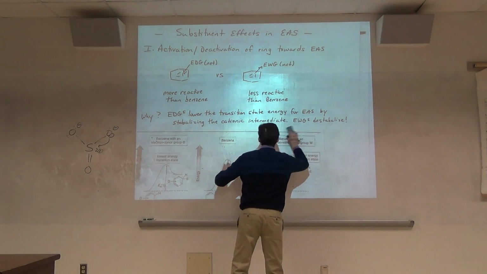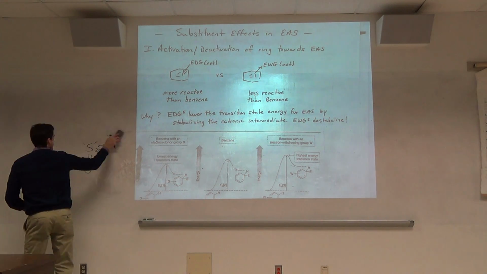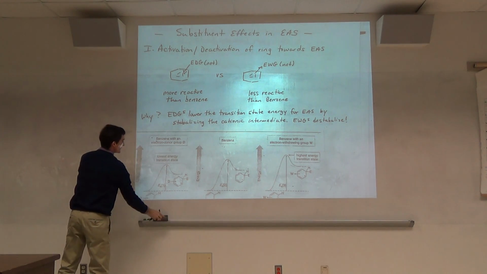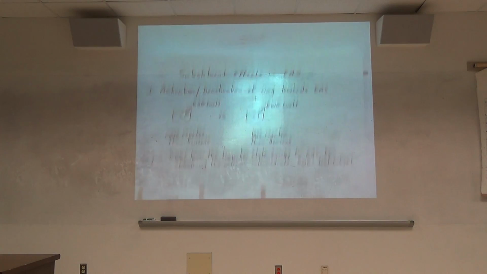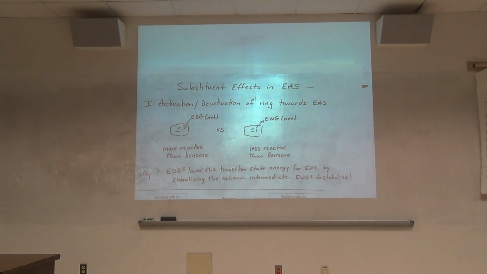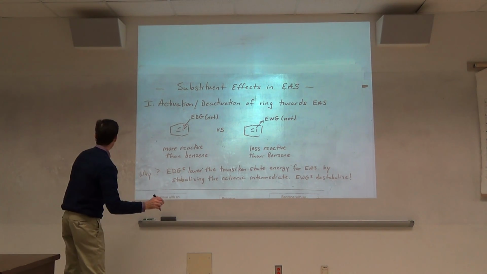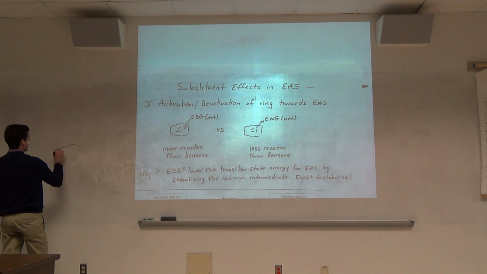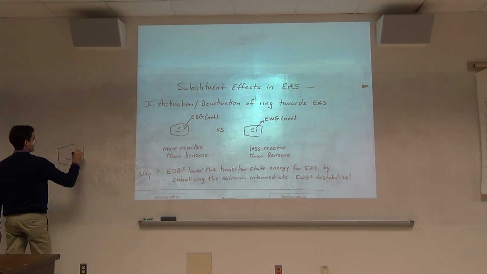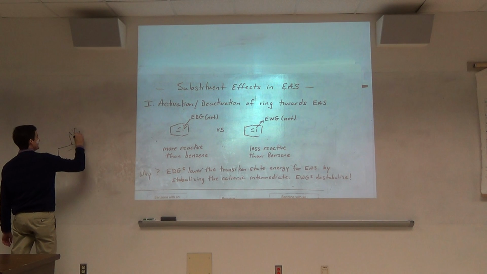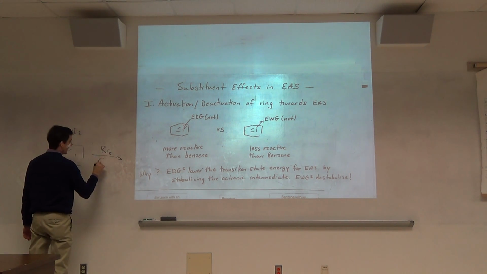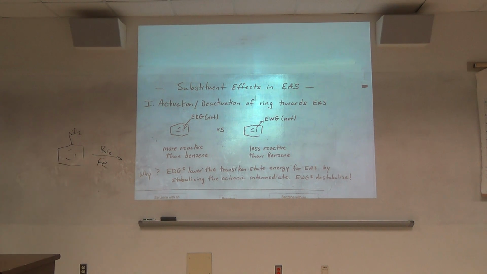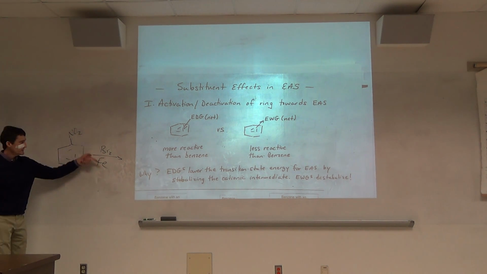But before we do Friedel-Crafts, we need to take a sort of sidebar here, and we need to discuss substituent effects. Substituent effects are basically, what if you have something like nitrobenzene and you react it with bromine and a rusty nail? What is this going to put on the ring?